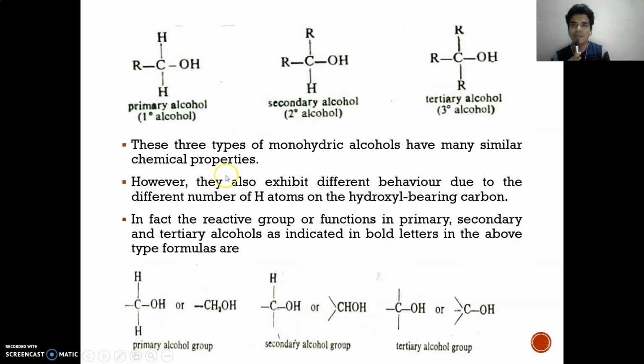For example, a primary alcohol contains only one alkyl group, here the R group, so it is called a primary alcohol. If it contains two alkyl groups, it is called a secondary alcohol. And if it contains 3 alkyl groups, it is called a tertiary alcohol.